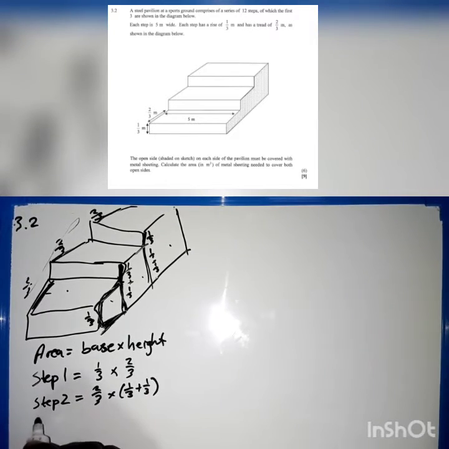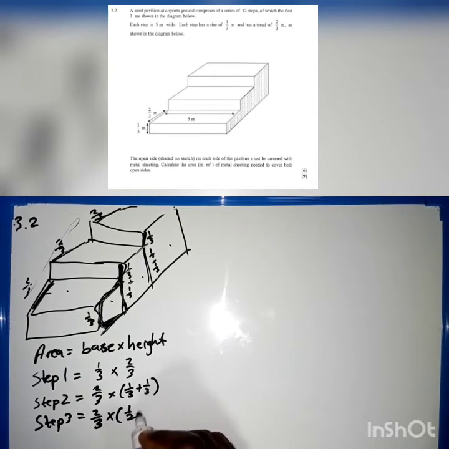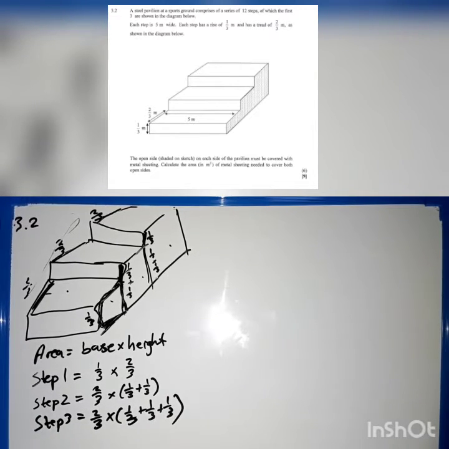And then for step 3, our base stays the same, which is 2/3, but our height increases, 1/3 plus 1/3 plus 1/3. So our height keeps increasing by 1/3.